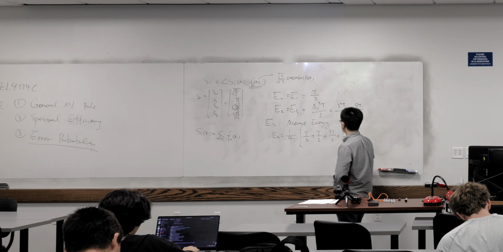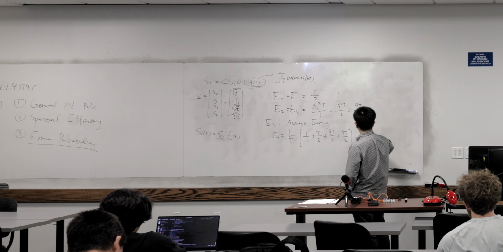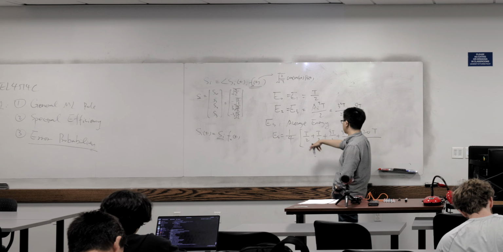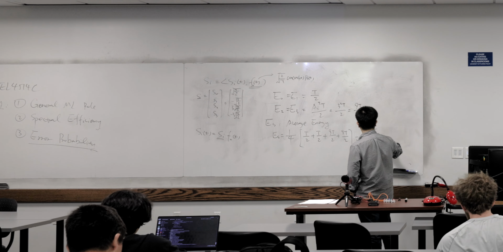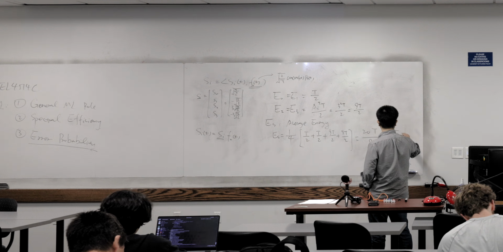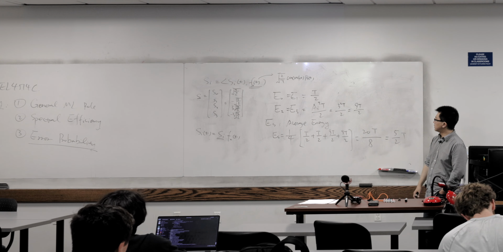And that equals what? We have 9 plus 9 plus 1 plus 1, so it should be 20 on the top. And downstairs, we have 4 here, multiplied by 2, so I have 8. So that is what? 5 over 2 T. Okay, so that's our average energy here, right?